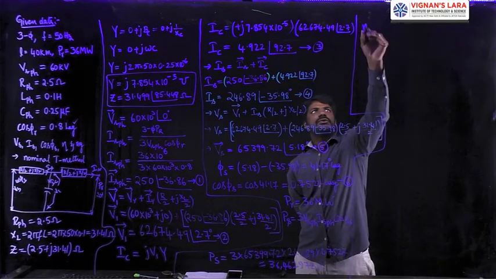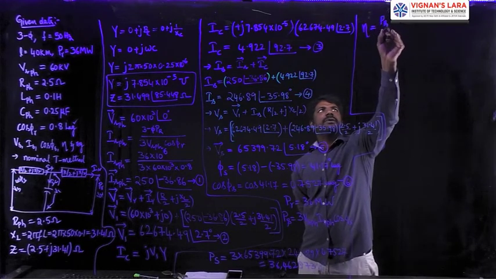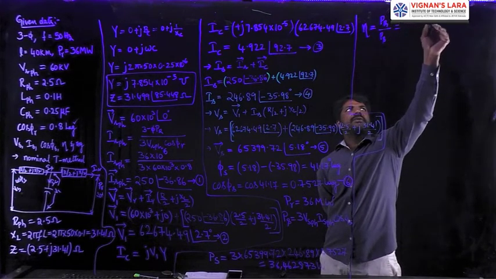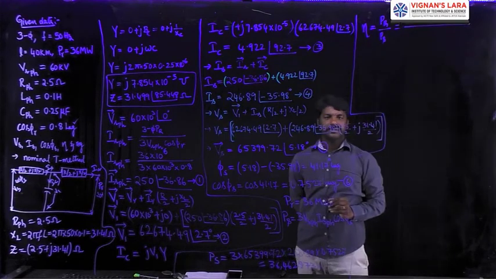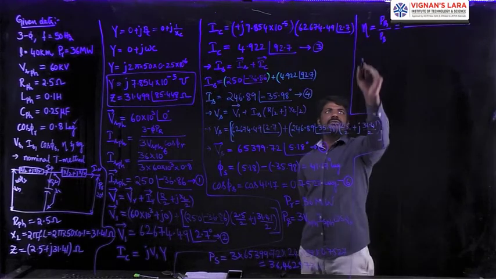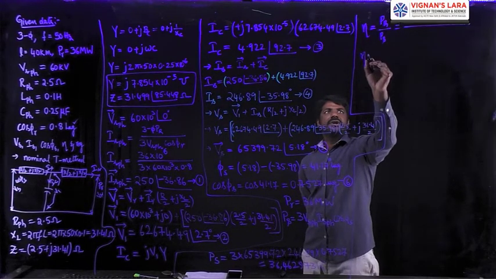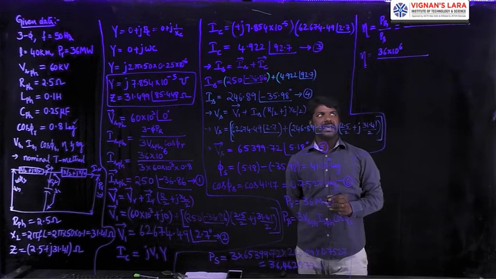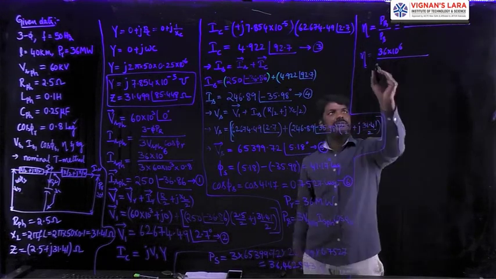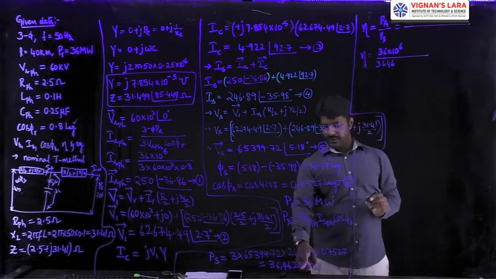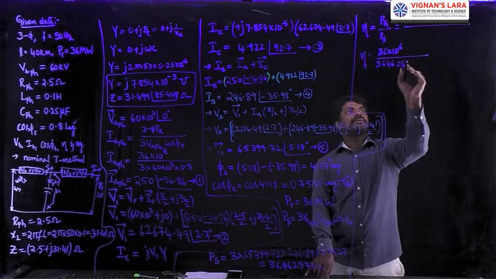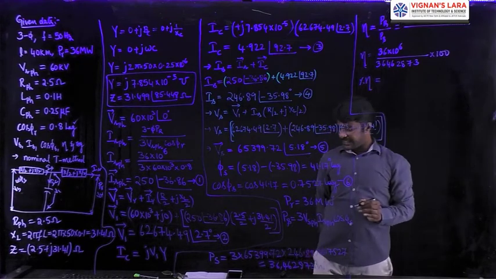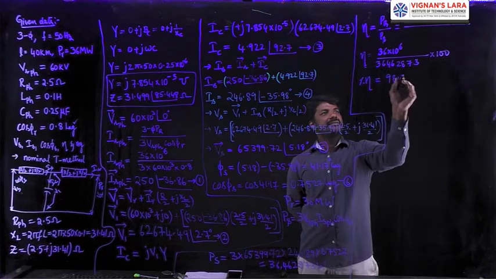Efficiency is equal to receiving end power divided by sending end power, PR by PS, that is 36 megawatts, 36 into 10 power 6, divided by our calculated PS value, 36462873, multiplied by 100 gives me the percentage efficiency as 98.73%.